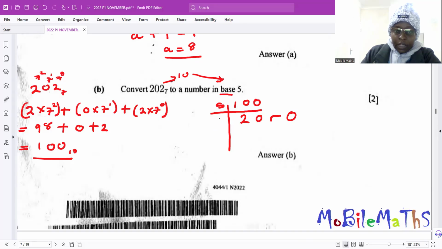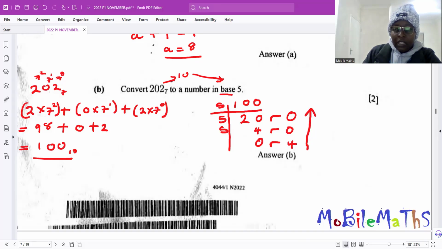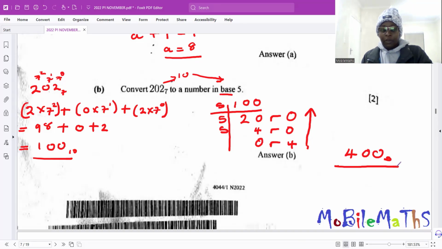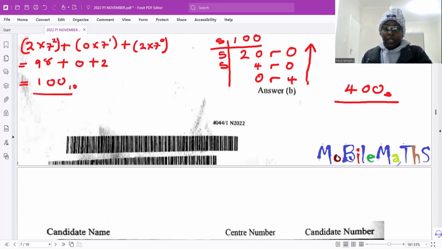Remainder 0. 5 into 20, that's 4. Remainder 0. 5 into 4, that's 0. Remainder 4. So our number in base 5, we take it from down there. We write the remainders: 4, 0, 0 base 5. That's our answer. Okay, let's move on.